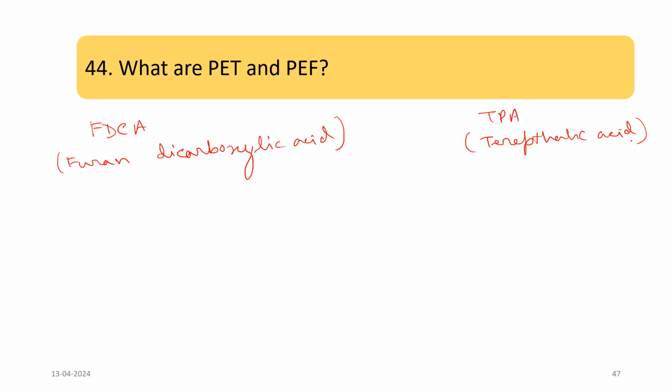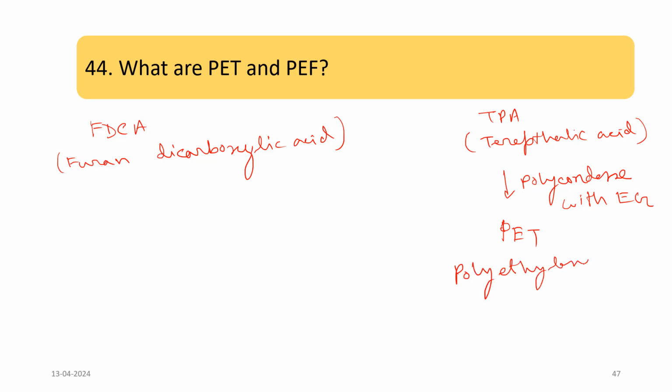Okay, so polycondensing TPA with ethylene glycol results in the production of PET, that is polyethylene terephthalate.